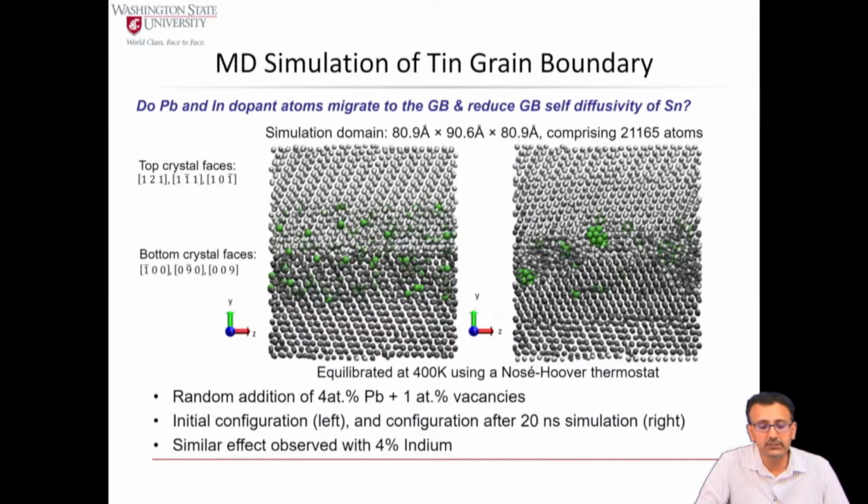So to address this challenge or question of what is the fundamental mechanism, there are, like I said, many different reasons that could be explored. One of them being the diffusion of these atoms across grain boundaries. And to simulate that, we looked at molecular dynamic simulations with which we simulated a few different systems: pure tin grain boundaries, tin grain boundaries with lead dopants added to them at a certain concentration, about 4%, and with some vacancy concentration in there as well.